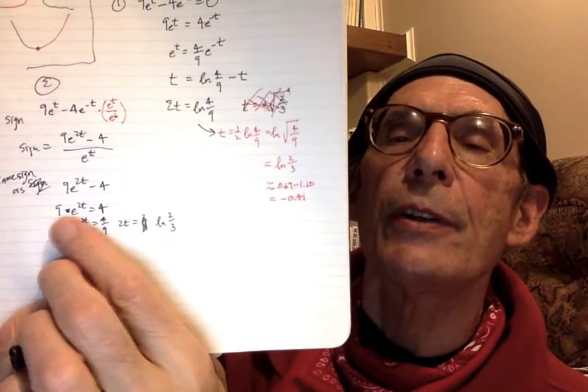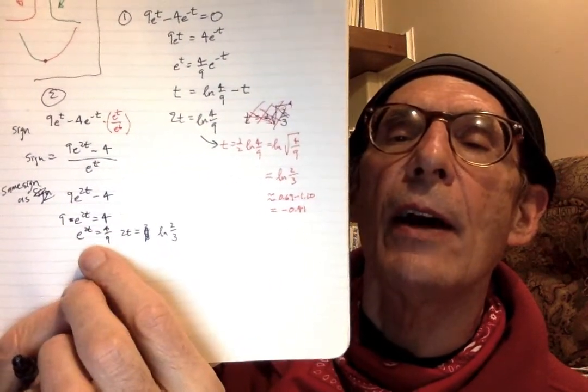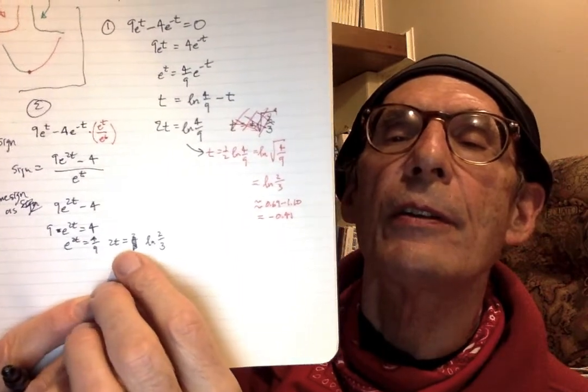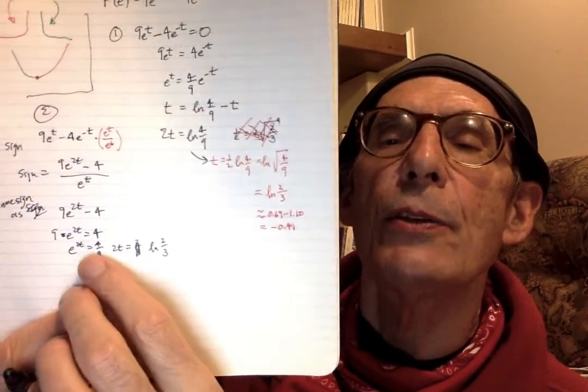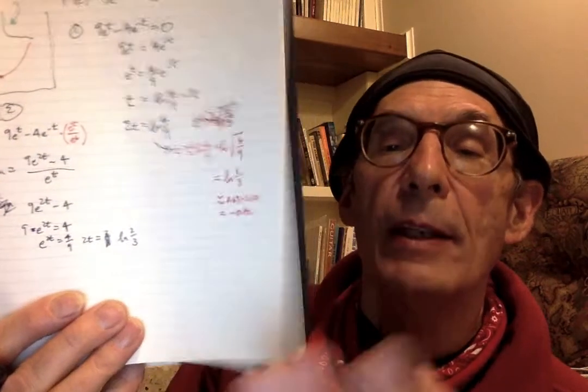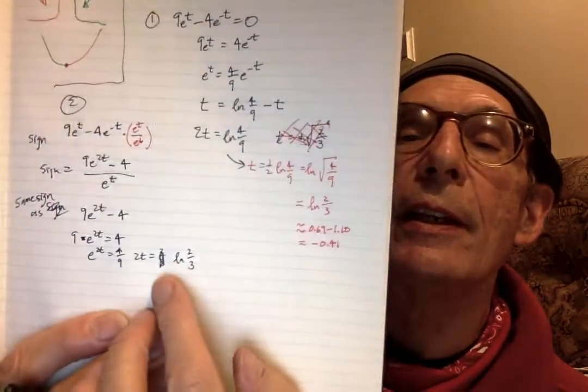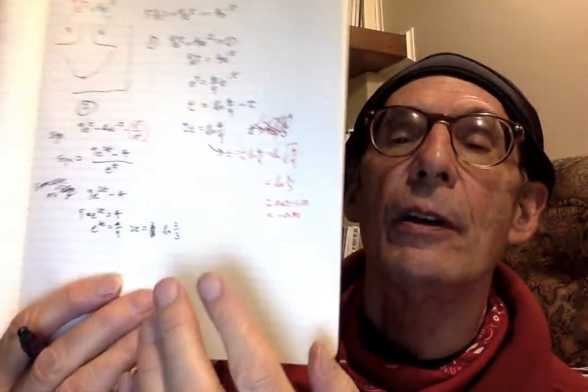I set it equal to 0, I skipped a step, and e^(2t) equals 4/9. So taking natural logs of both sides, 2t is the natural log of 4/9, which means t is the natural log of 2/3. There we go. So now we know the critical point.